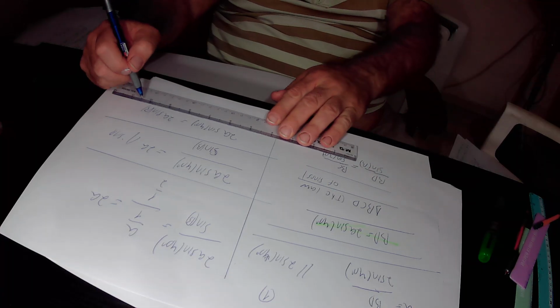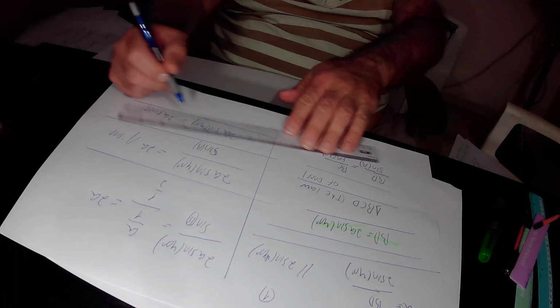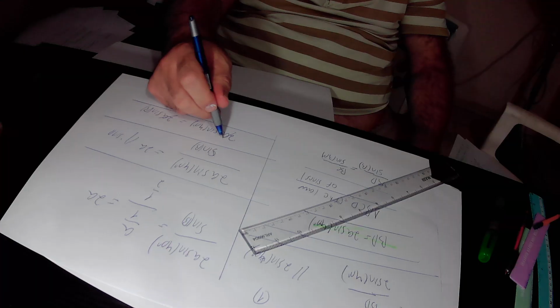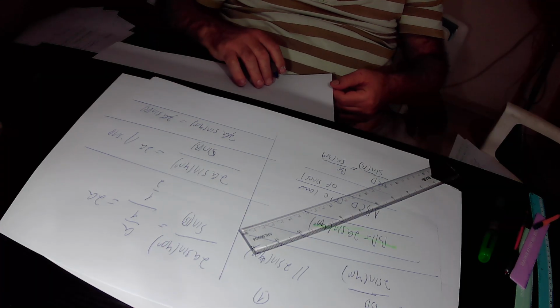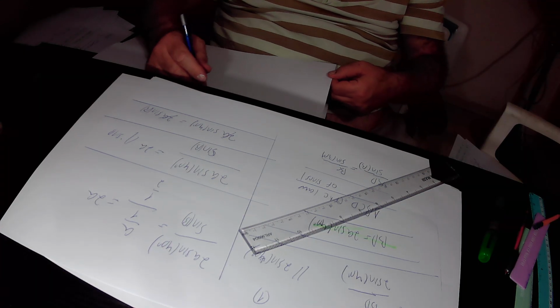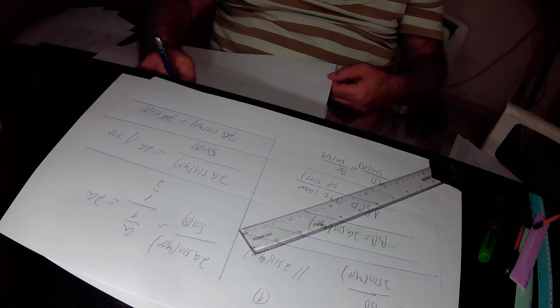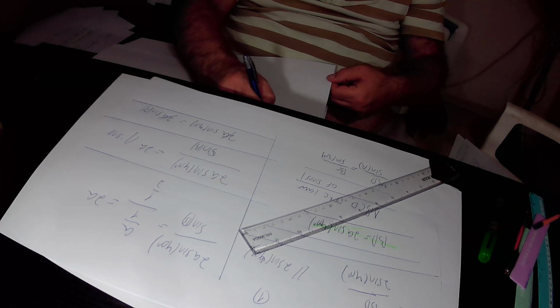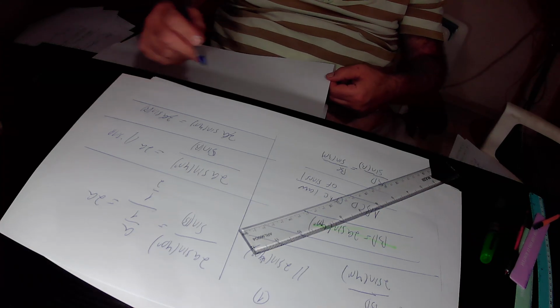Here we have 2A on both sides of this equation, so 2A will get cancelled. After we cancel 2A, we have sine 40 degrees equals sine beta.